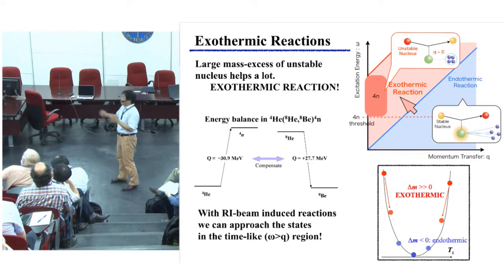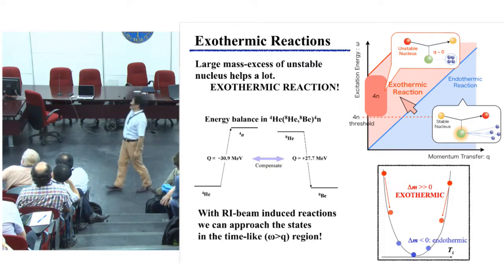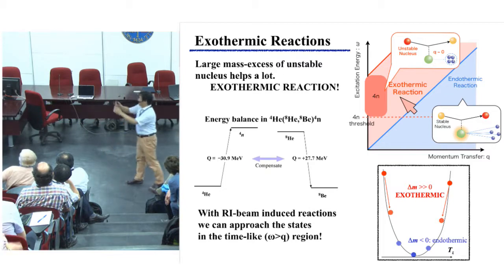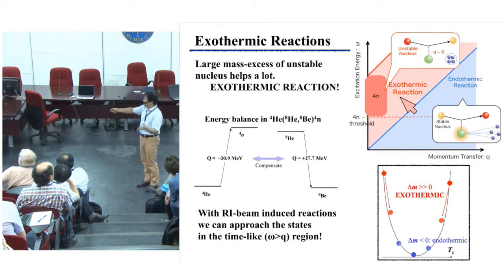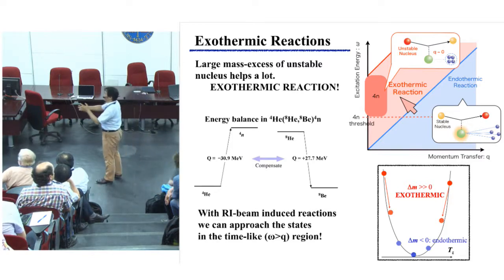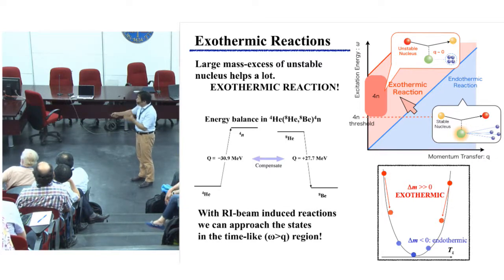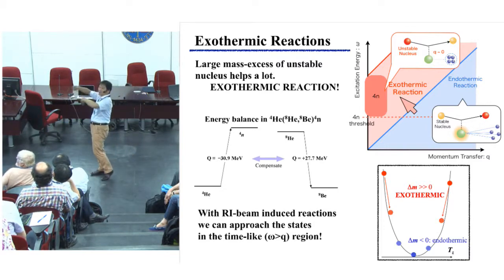But once we use an RI beam induced charge exchange reaction, we can excite a tetraneutron state in a recoilless manner. It is because of the internal energy of a radioactive nucleus. Starting from here, by the charge exchange reaction, it can release the energy coming from the mass difference.